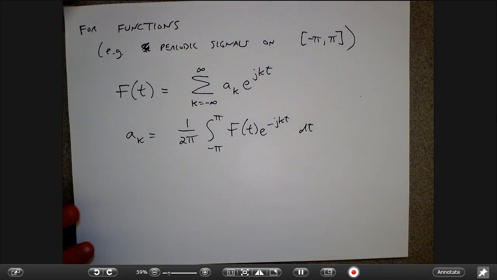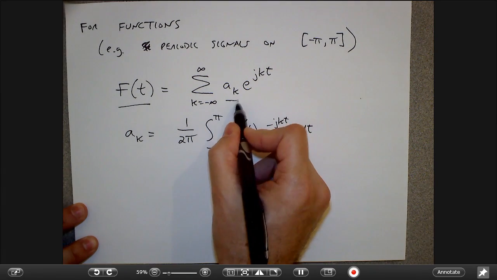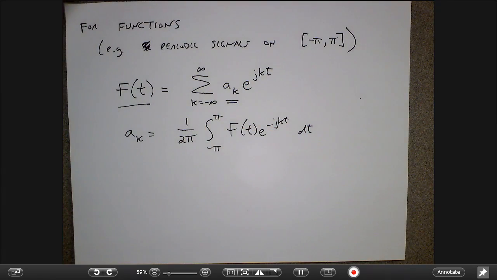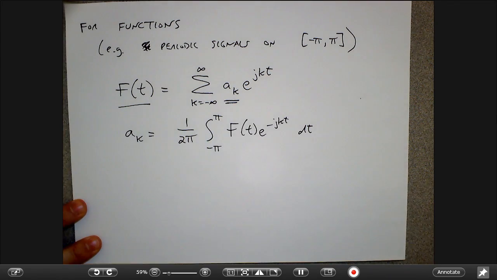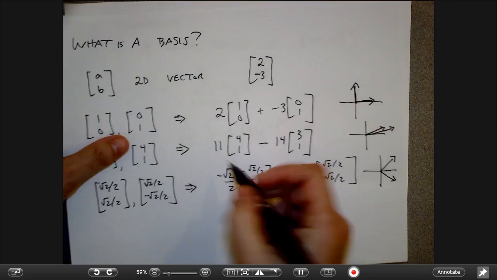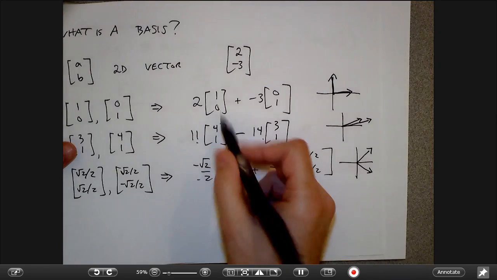The idea is that what I'm doing here is representing my original signal as the sum of an infinite combination of basis functions. The coefficients play the role of the coefficients here, and the functions play the role of these basis vectors.